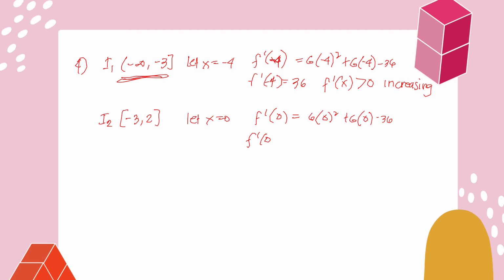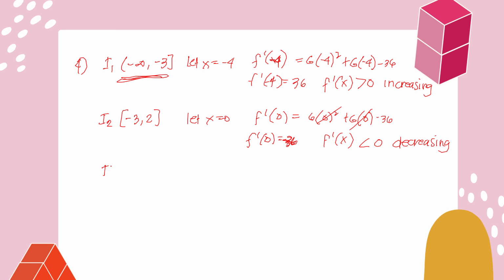So f prime of 0 is equal to negative 36, because the first terms are 0. So we could have a conclusion that f prime of x is less than 0. Therefore, in this particular interval, the function is decreasing.